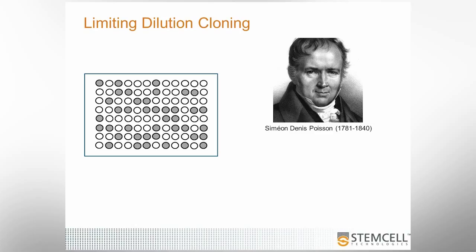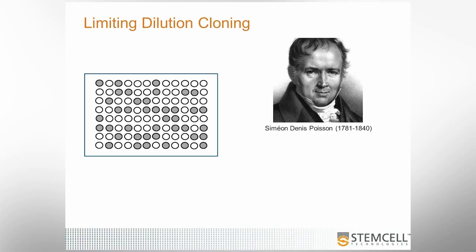So this is a mathematical form that was first described by Simeon Denis Poisson in the early 1800s, and it's the discrete probability distribution that can be used to estimate the number of events that happen over a specific space or time when the average number of events is known.